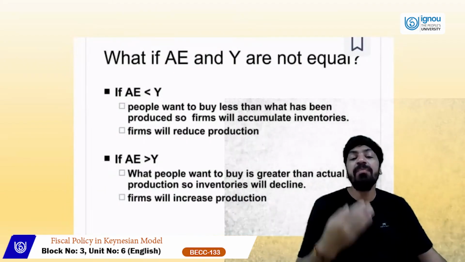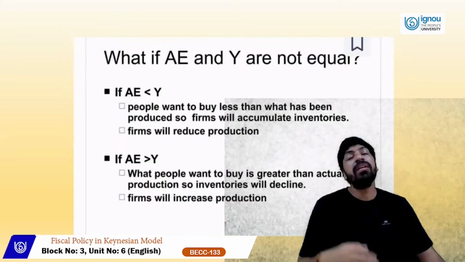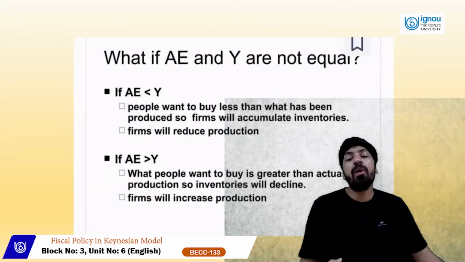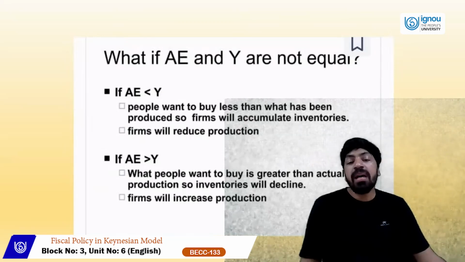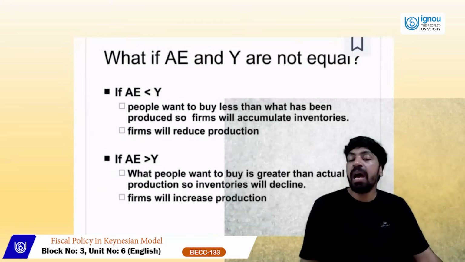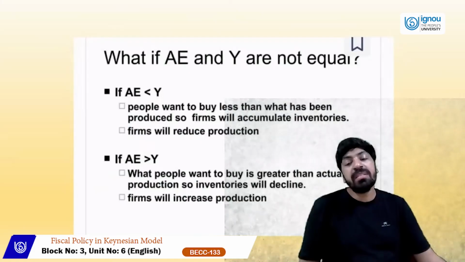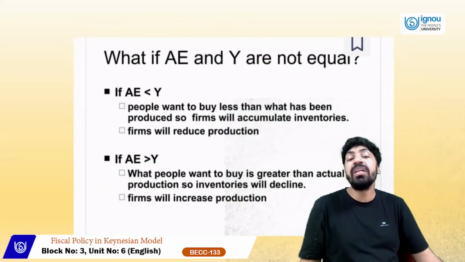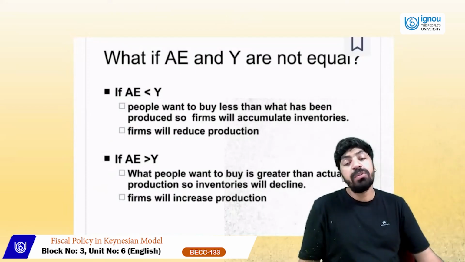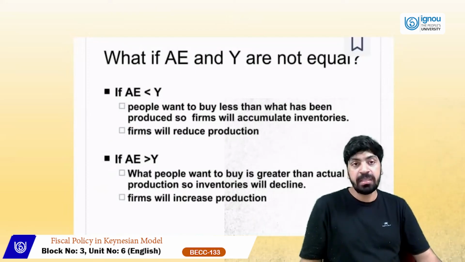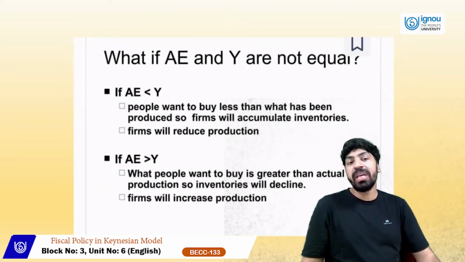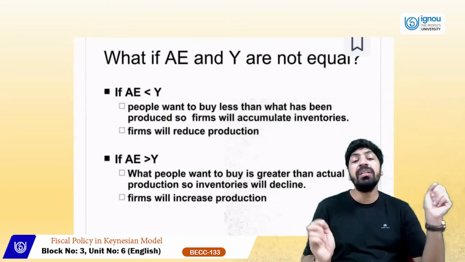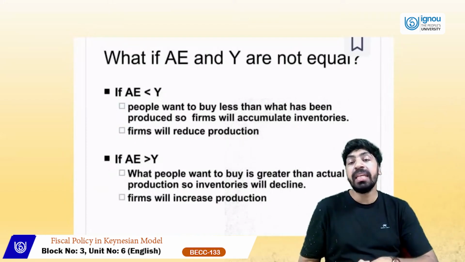The inventories will decline in the warehouses or in the market. And ultimately the outcome is that the firms will increase the production of all those quantities the people want to buy. So these are the two main situations if aggregate expenditure and income are not equal.